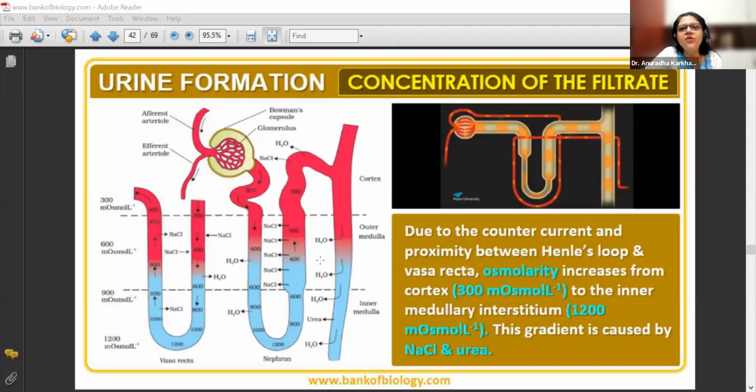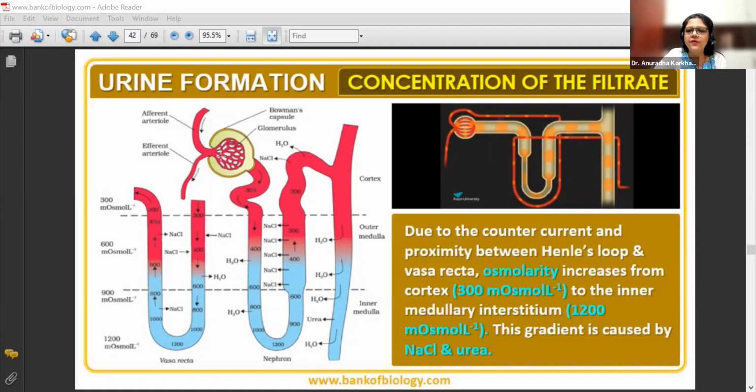This gradient is caused by NaCl and urea. So it's just because of the movement of the NaCl and urea that the osmolarity of the interstitial fluid, or the interstitium, is going to be maintained. Now you can look over here at 300 milliosmolar. दिख रहा है आपको?